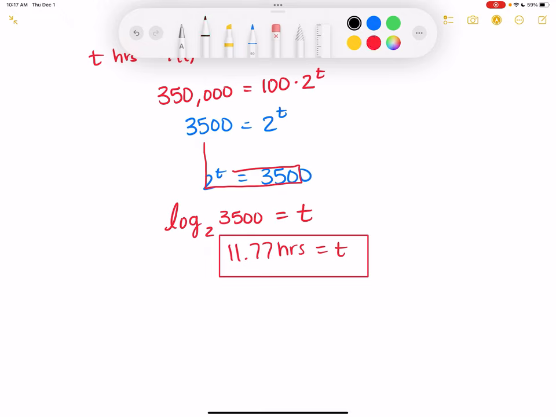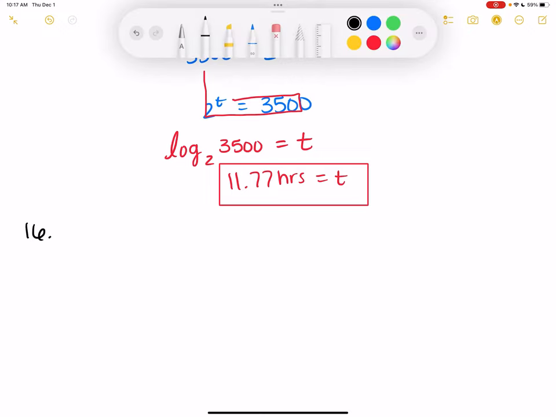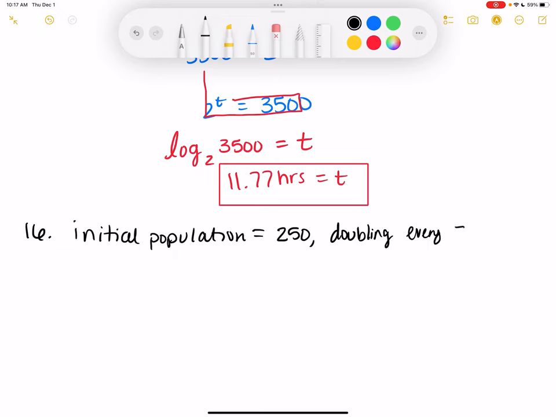All right, so back to the problems. The same thing. Determine the exponential function that satisfies the given conditions. Number 16. The initial population is 250, doubling every 7.5 hours.